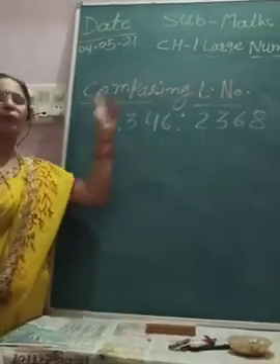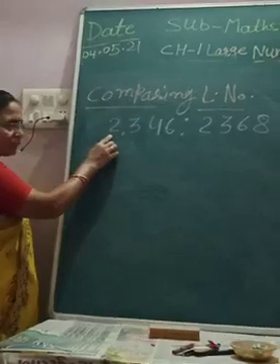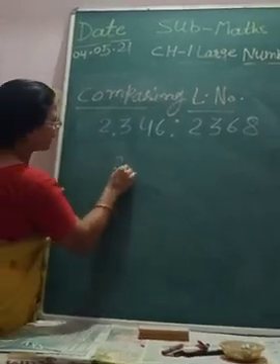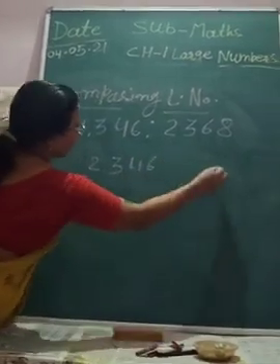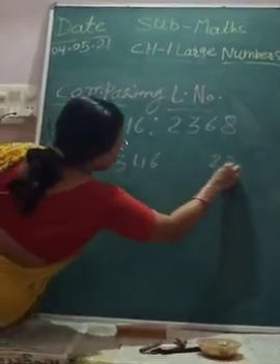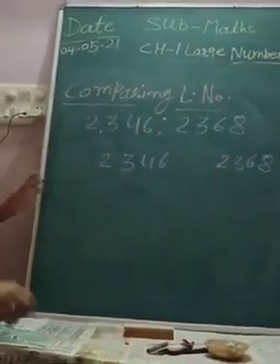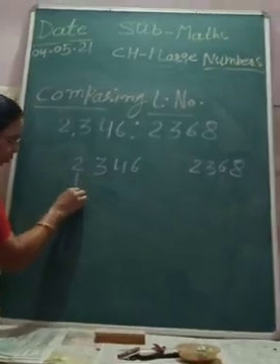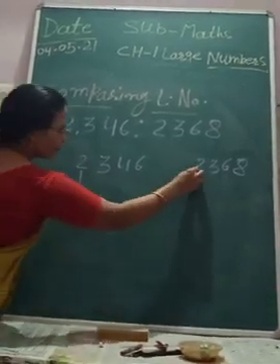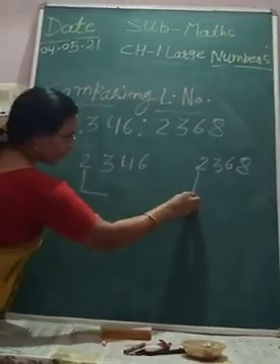But when you have to compare the digits, always start from the left hand side. So first write 2346 and 2368. When you start comparing, always start from the left hand side.